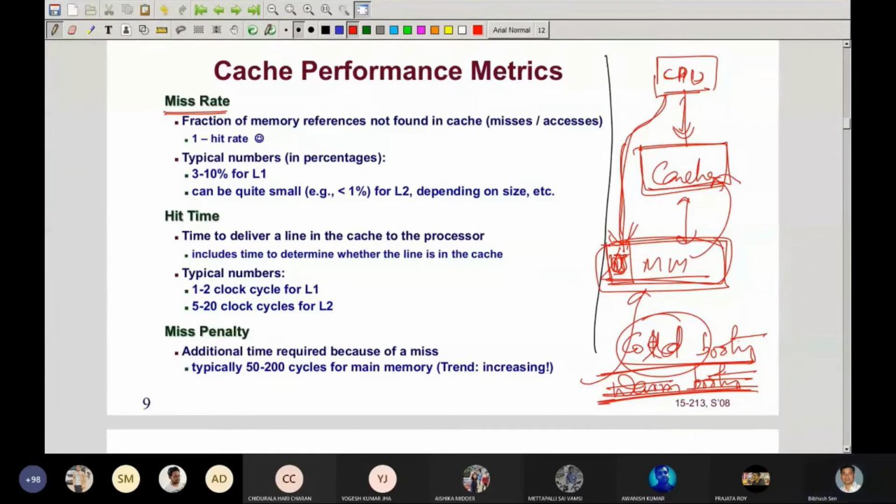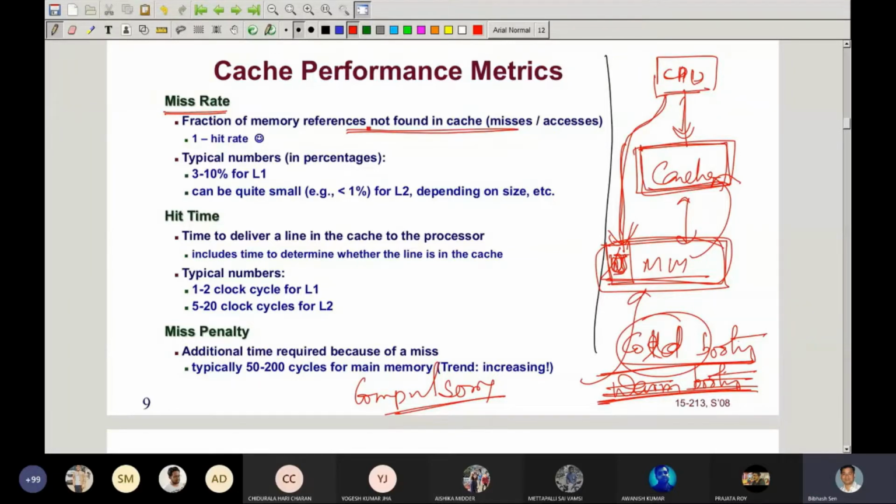So you will find in the cache compulsory misses. When I get the compulsory misses, that means you must get the miss rate: the fraction of memory references not found in the cache.